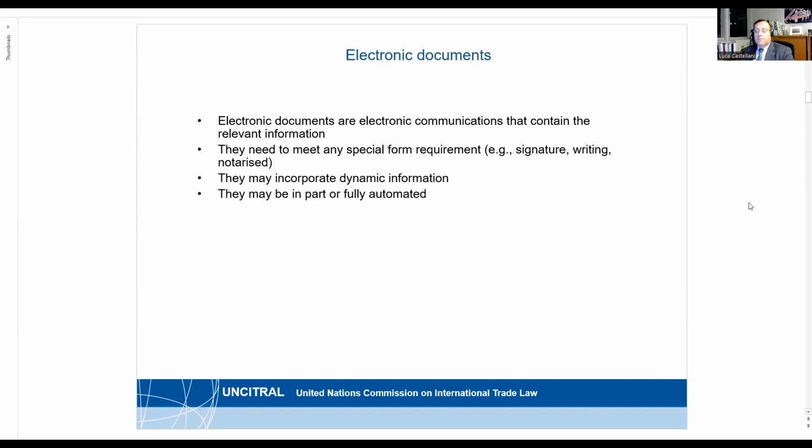They can perform based on scripts, on programming. They can perform certain functions. They can react to certain conditions. Of course, this is based on what the programmer instructs the software to do. But of course, we see increasingly automation in part or in full. This is something that needs to be discussed in depth.